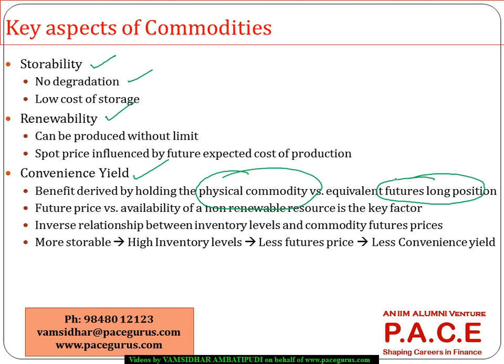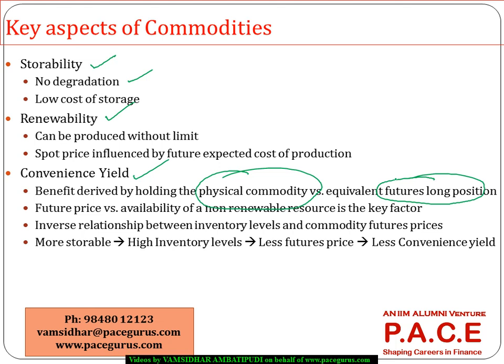For that, what we are saying is, if the commodity is in the inventory, the company can think of using it whenever it wants, either today or after 1 month or after 3 months. But when it is thinking of buying the commodity exactly after 3 months by getting into a long position, even if it gets an opportunity to produce that product by using this commodity within the next 3 months, it cannot do it because the commodity is not available.